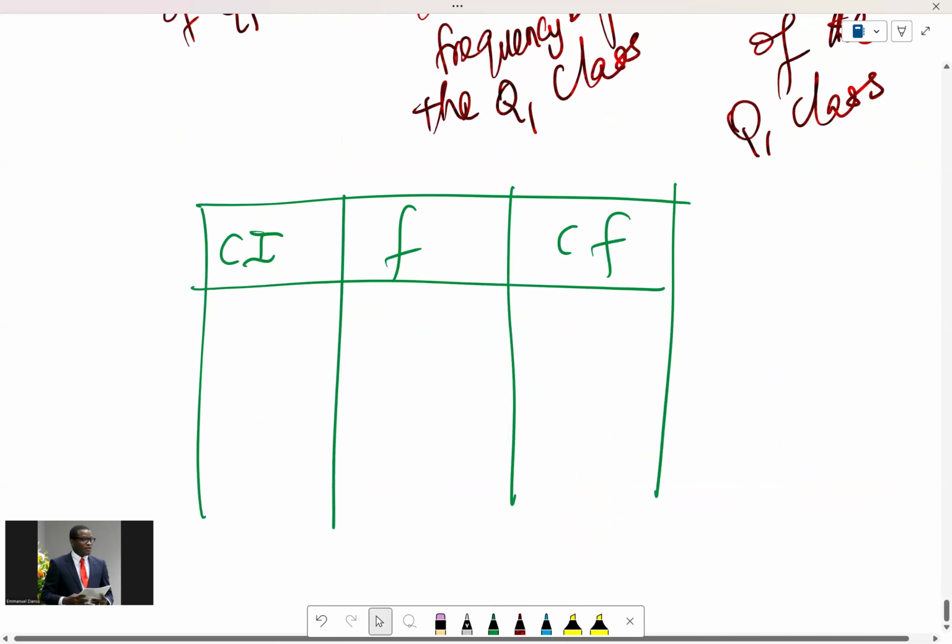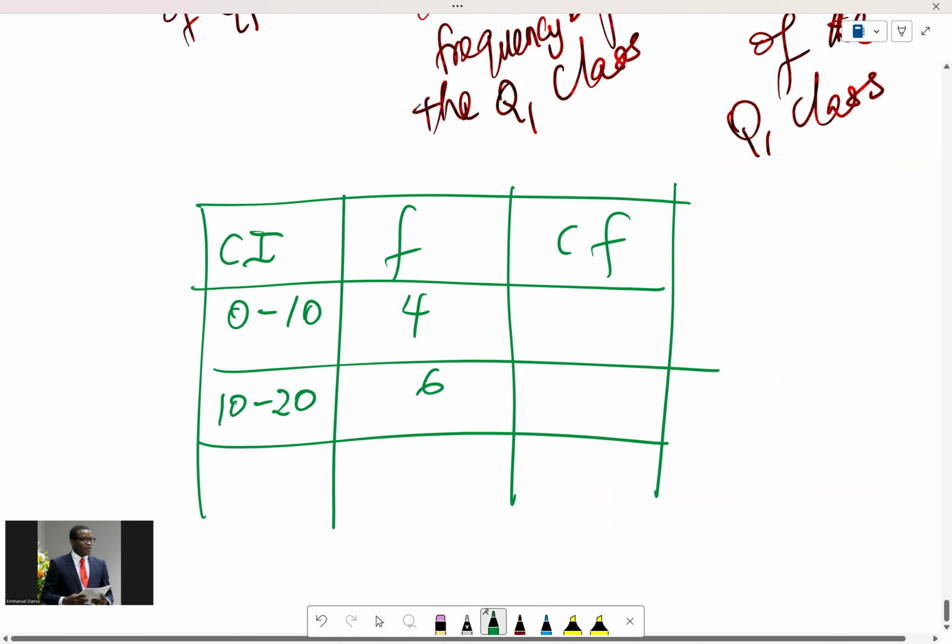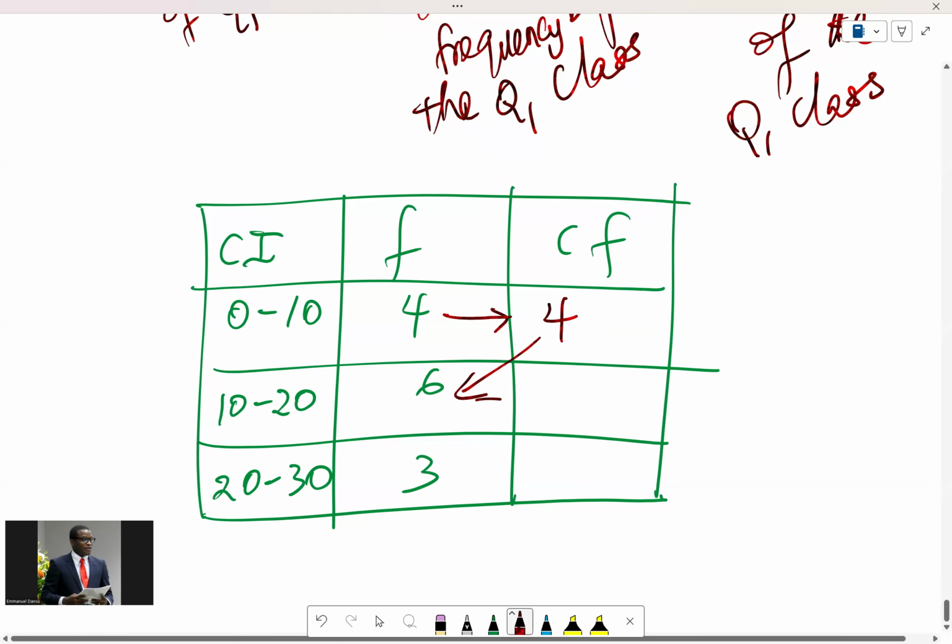So you have 0 to 10 occurring 4 times. You have 10 to 20 occurring 6 times. And you have 20 to 30 occurring 3 times. So if you want to do the cumulative frequency, of course, this is 4. Then 4 plus 6 will be 10. Then 10 plus 3 will be 13.